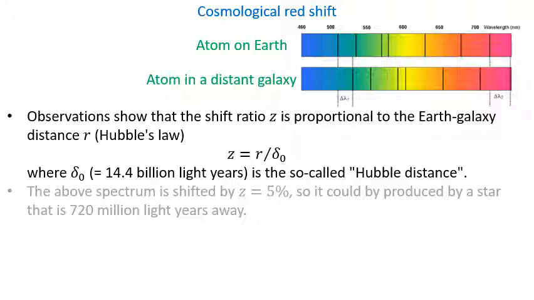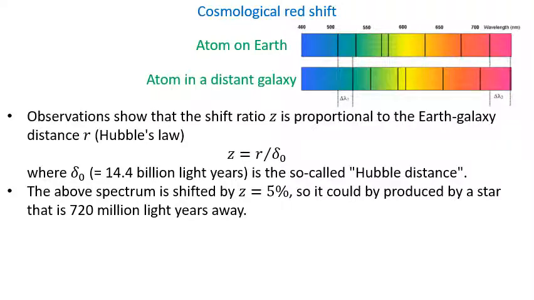One way to express this law is to say that z is equal to the ratio of the distance r and the so-called Hubble distance, which is equal to 14.4 billion light years. The spectrum in the figure is shifted by about 5%, and according to Hubble's law, it could be produced by a star that is 720 million light years away from us.